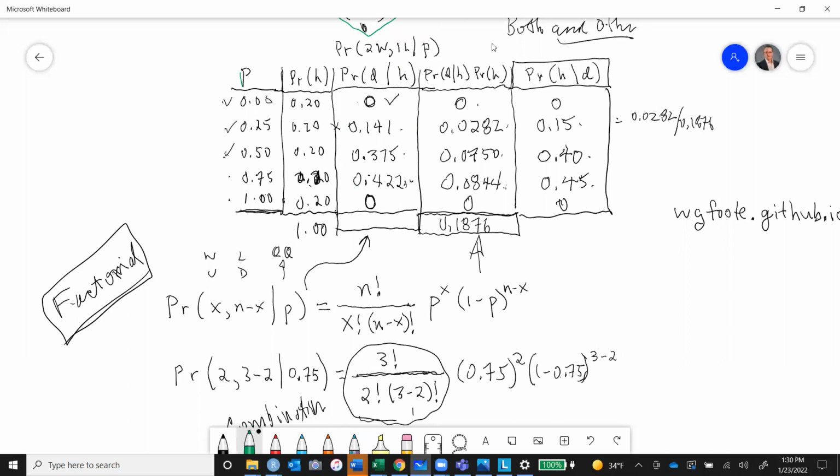Well, that's ways to the number of waters, ways to the number of lands. But the proportion of ways we think is 0.25, 0.5, 0.75, 1 out of however many ways there are.